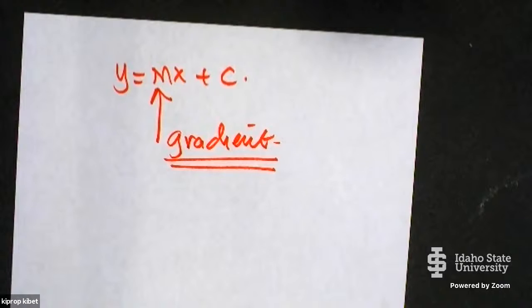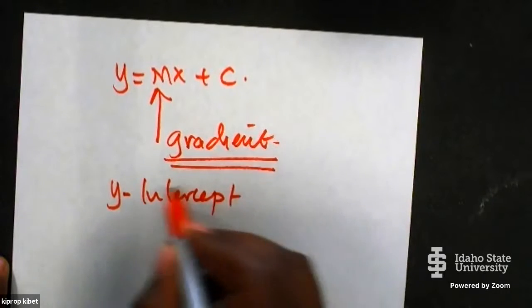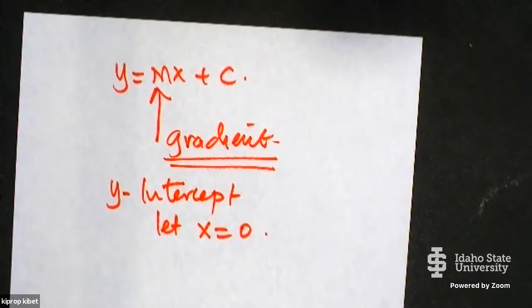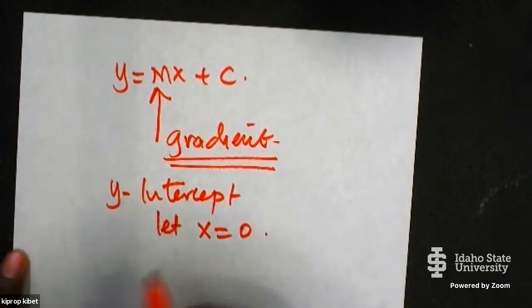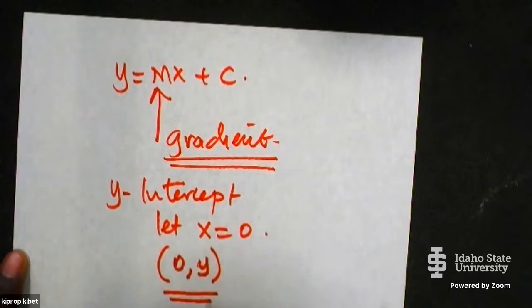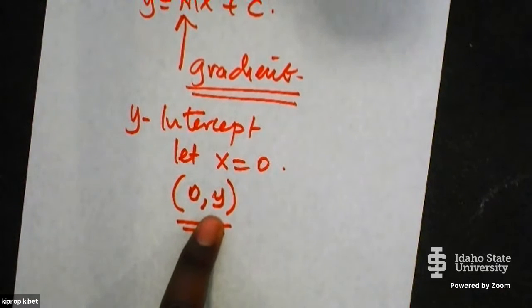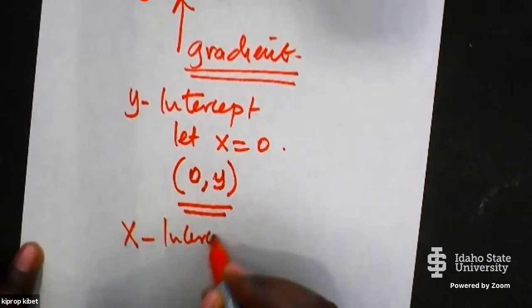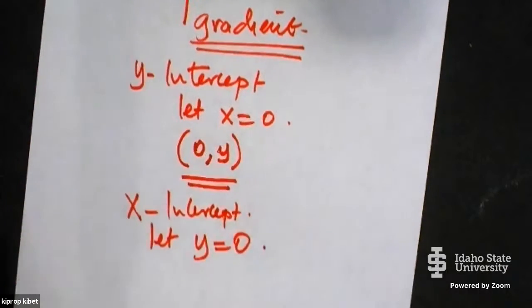Now, to get the y- and the x-intercept, for the y-intercept, you let x be equal to 0. Then the ordered pair there will be 0 and the y that you get. So this is the ordered pair. Then for the x-intercept, you let y be equal to 0.